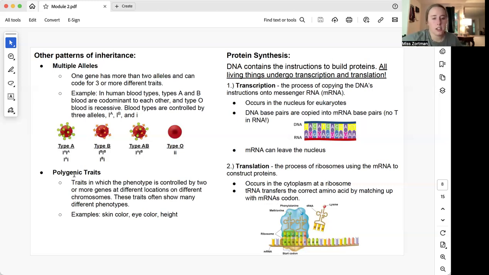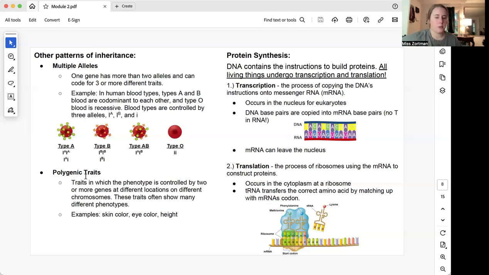And then polygenic traits is not one we did Punnett squares for because that would be difficult. But this is just saying that most traits that we have actually have multiple genes that control it. So height is one I can say there's actually 6 genes that control someone's height.